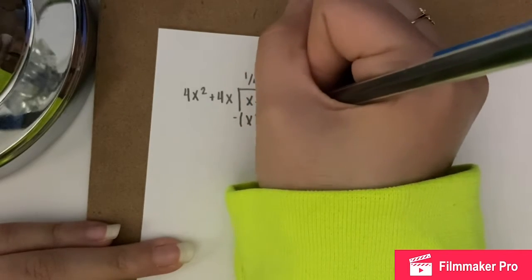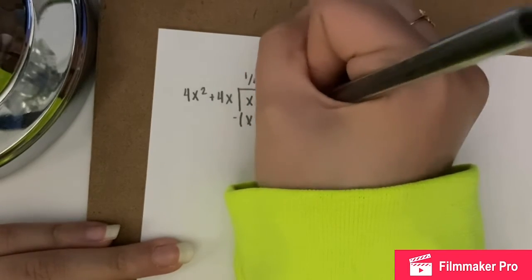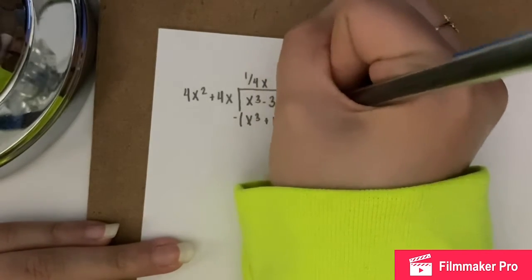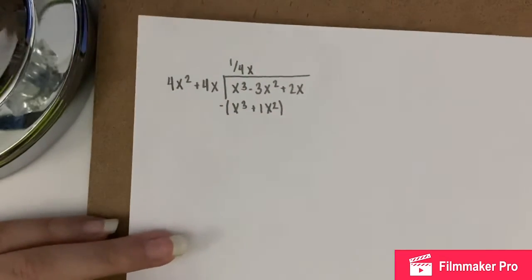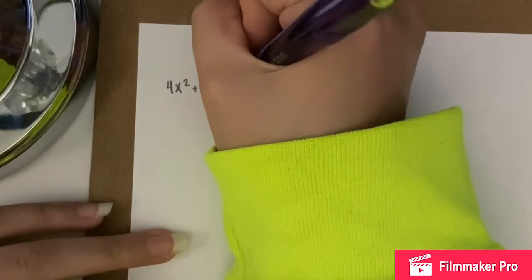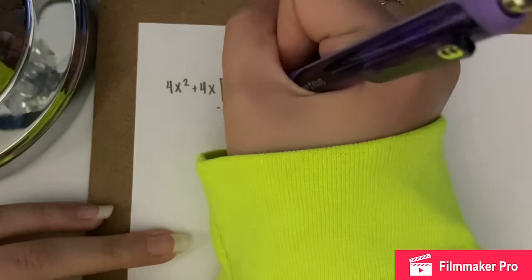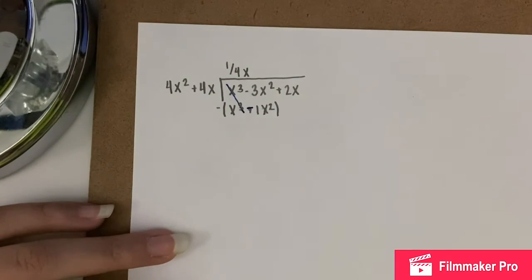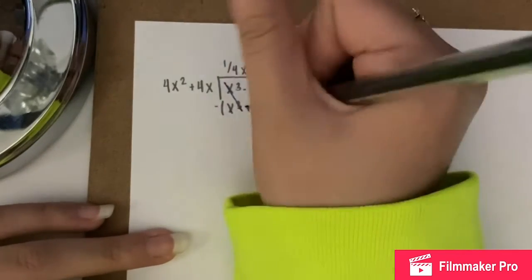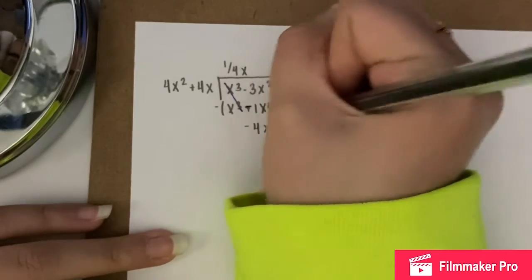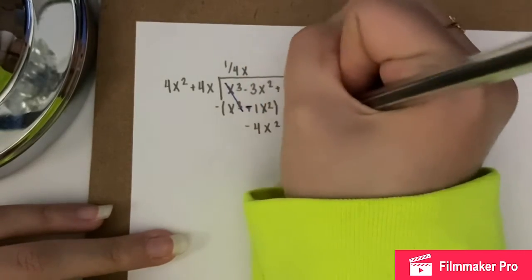plus 1x squared. And then when we distribute our negative, this one will cancel out. This one will turn into a negative, leaving us with negative 4x squared plus 2x.